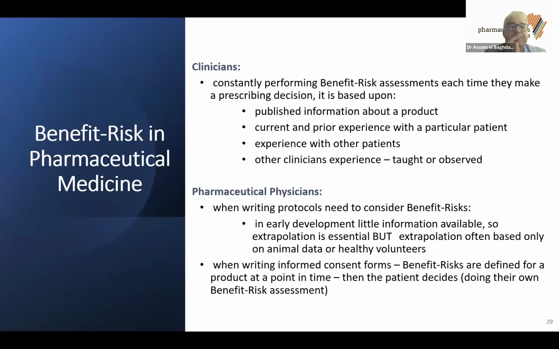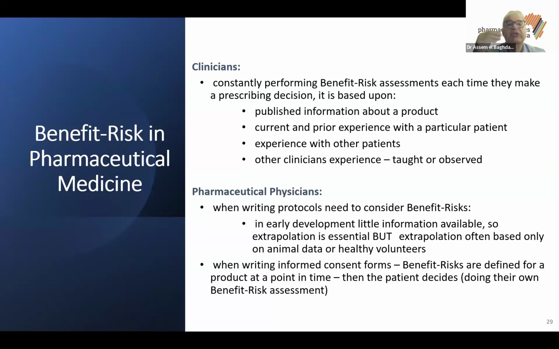Okay, right. So a clinician in the clinic or in the hospital is always performing the benefit-risk assessment, sometimes subconsciously. They are not thinking of it, but it is ongoing in their head. How do they do that?